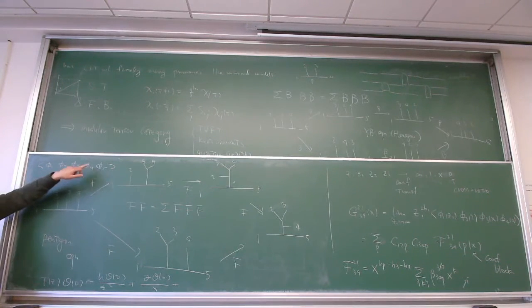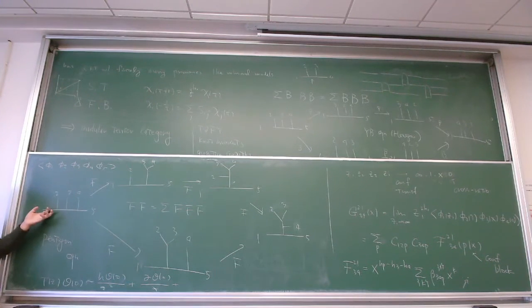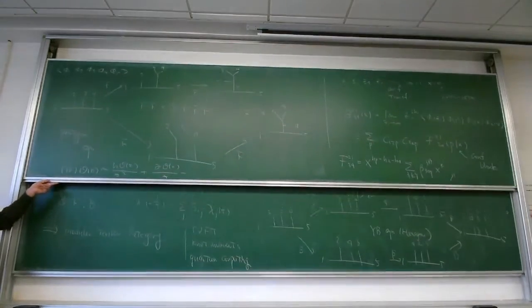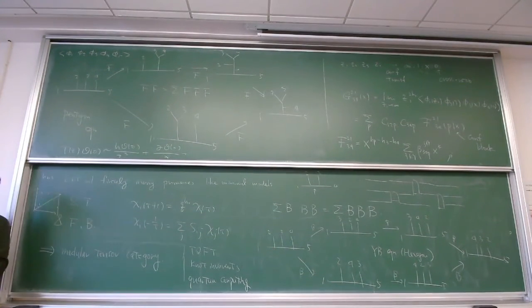Everything is a primary field, determined by conformal blocks in this way. Any other questions? Anyway, this part is not written in the lecture notes, but it's written in many books.